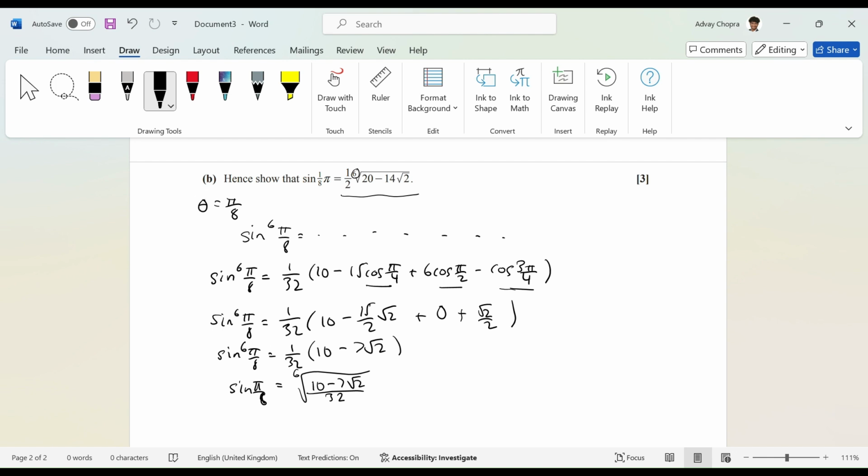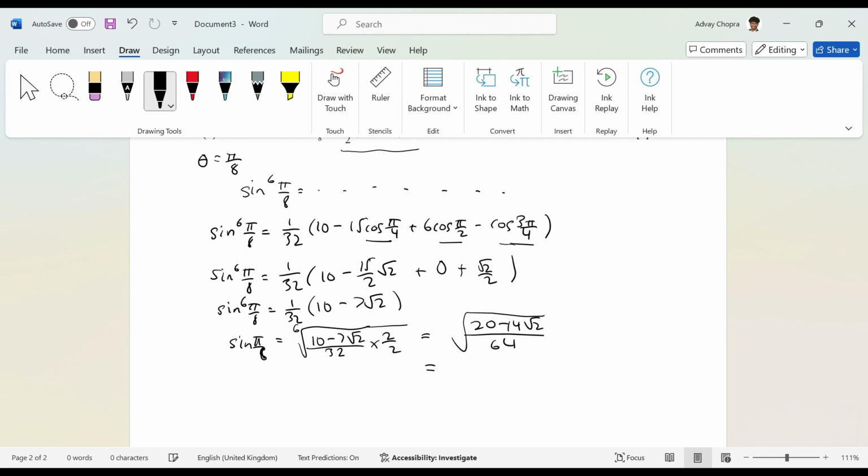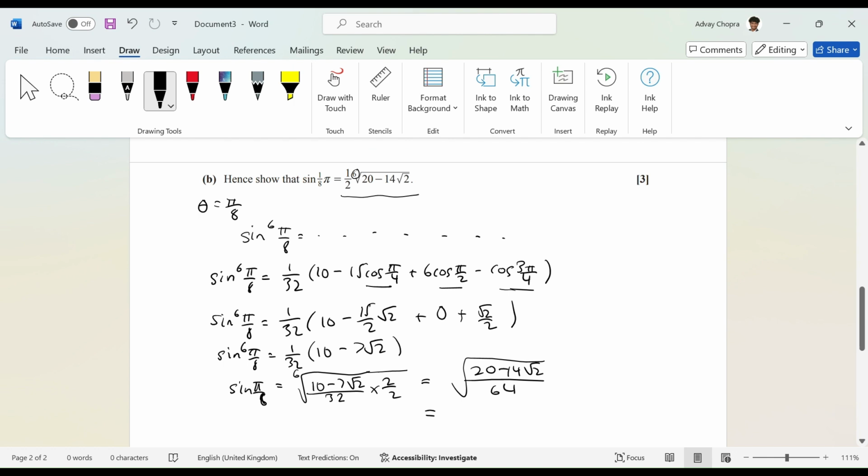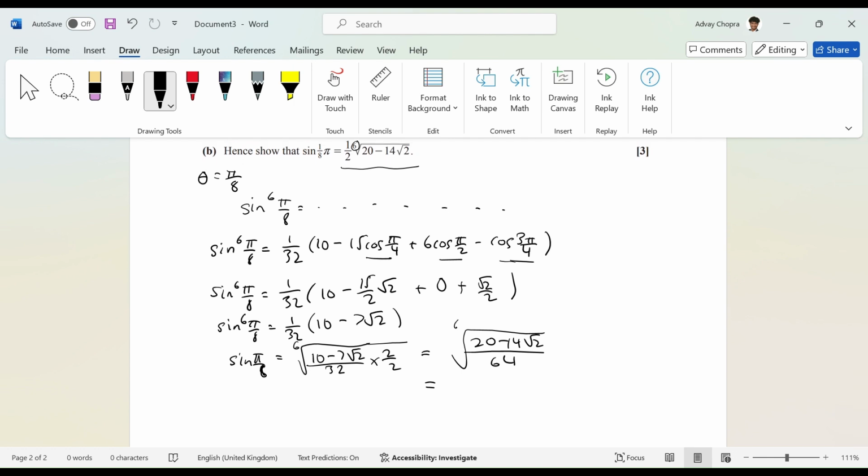If I multiply both sides by 2 over 2, just by manipulating algebra a little bit, then you get 20 minus 14 root 2 all over 64, which is equivalent. And then you can take the 6th root of 64 out, and that gives you 1 over 2 times the 6th root of 20 minus 14 root 2. And that is your final answer there.